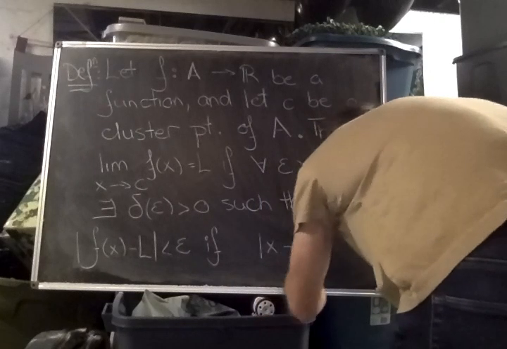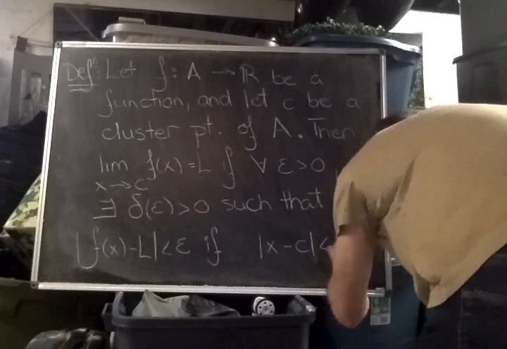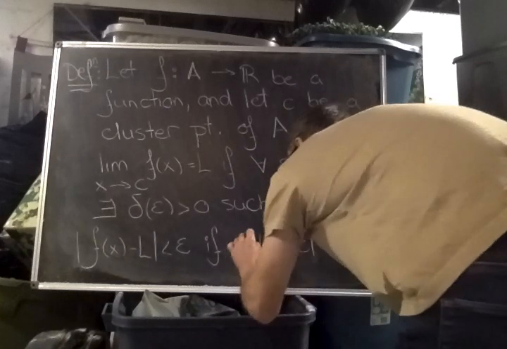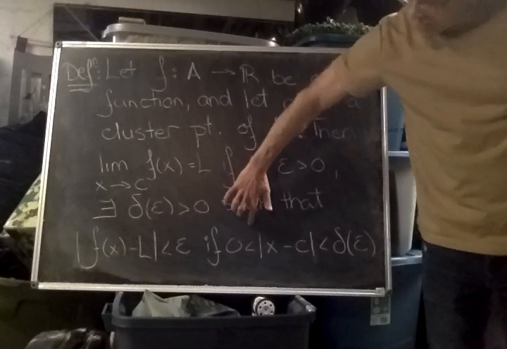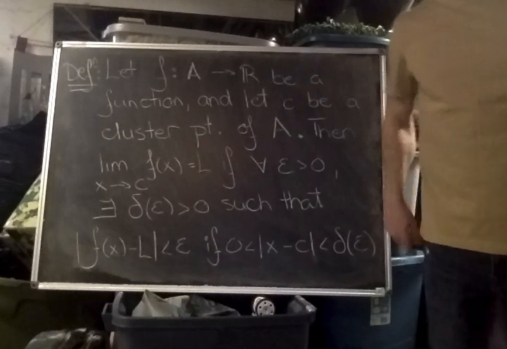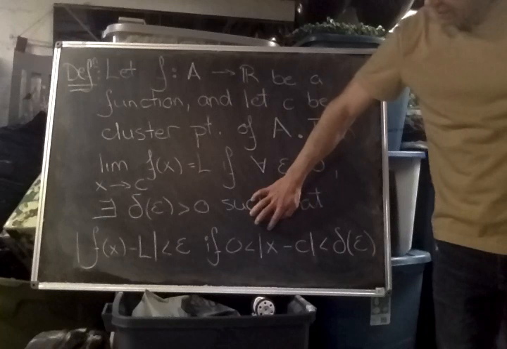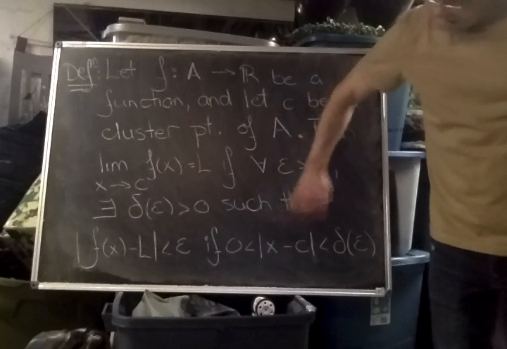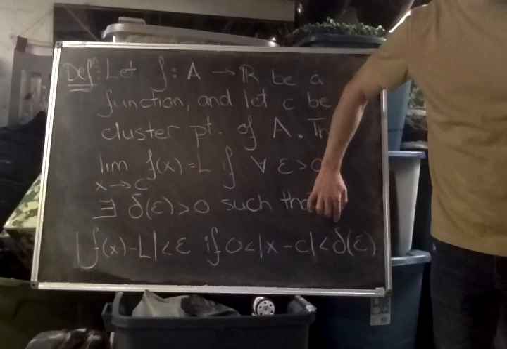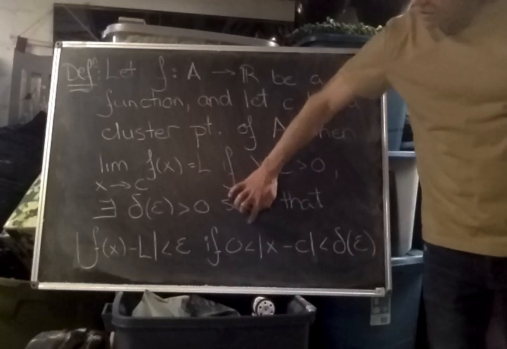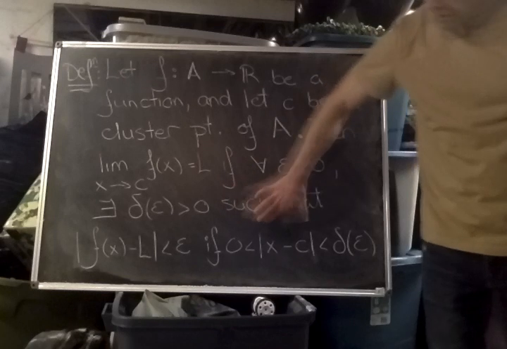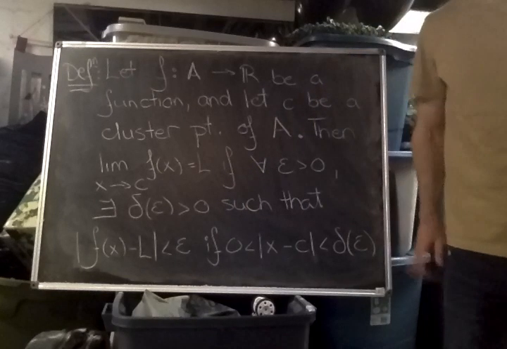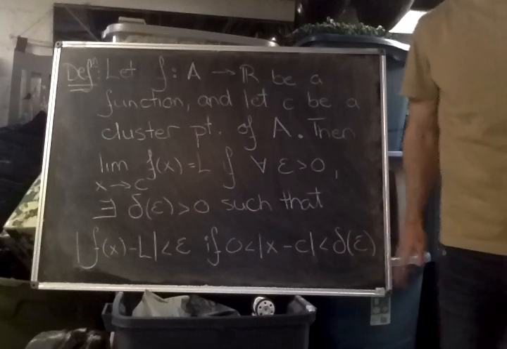The absolute value of x minus c will be strictly less than delta of epsilon and, somewhat pedantically, greater than 0. And all this greater than 0 thing is saying is that we want values of x that are really, really close to c, in this sense, but are different from c, right? This absolute value being greater than 0 just says that x is not equal to c. That's all, okay?